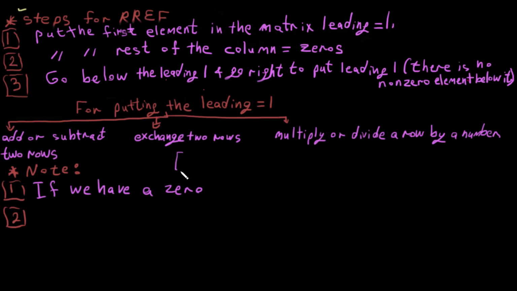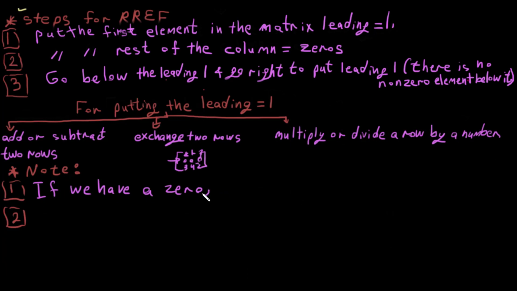If you have a matrix, for example here, 2 1 3, this is not a zero row.